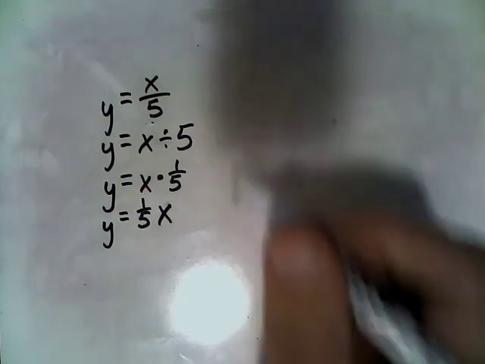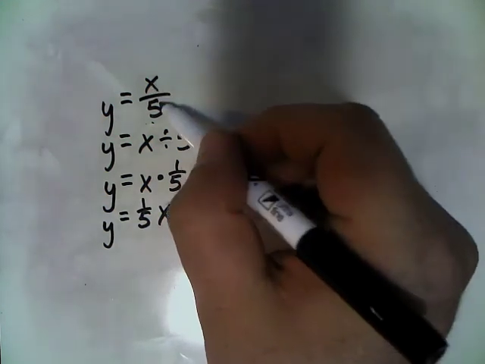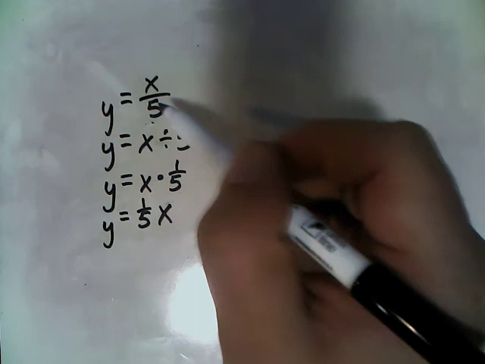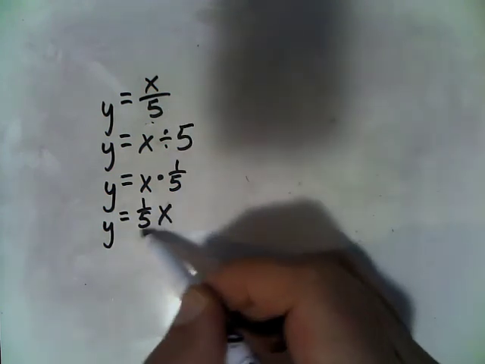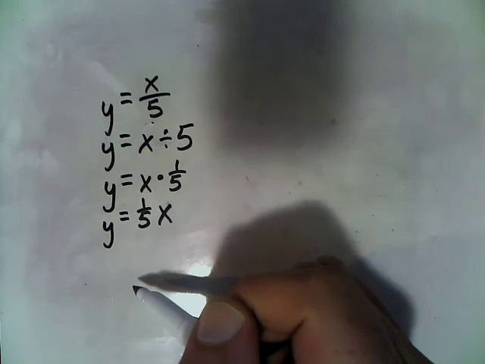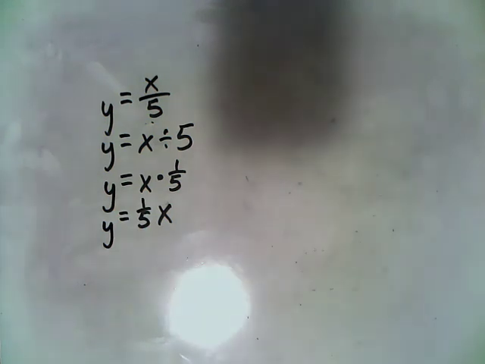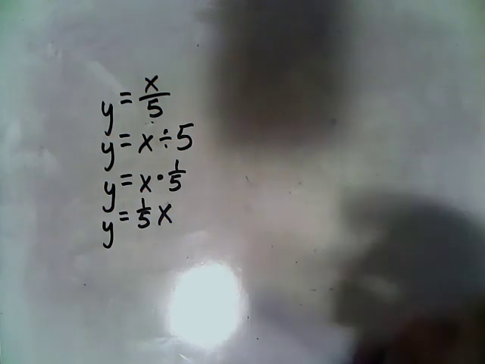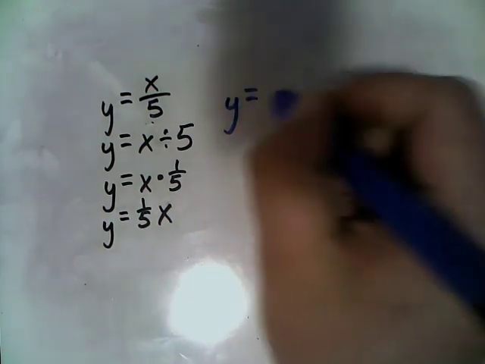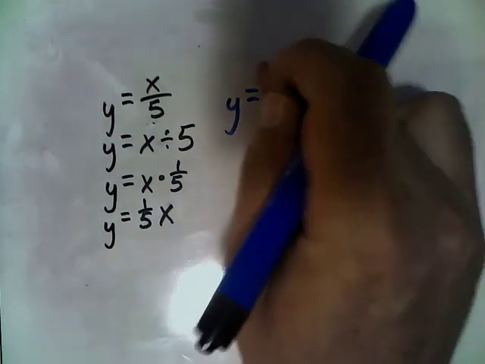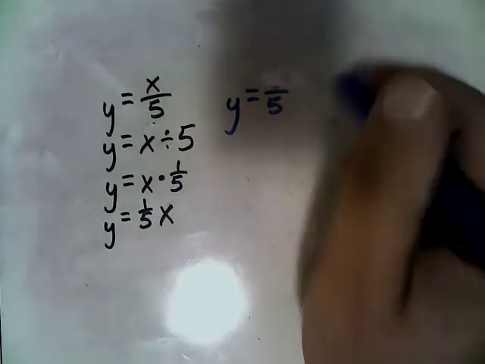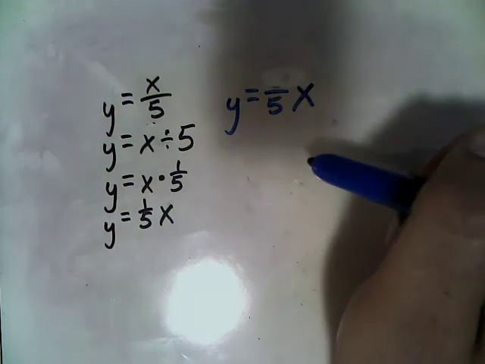So it turns out that if you have x over a number, that actually is proportional. It just means that you have a fraction for k. The shortcut is that if you have a variable in the numerator, you can imagine your variable just sliding off the top and landing next to the fraction.